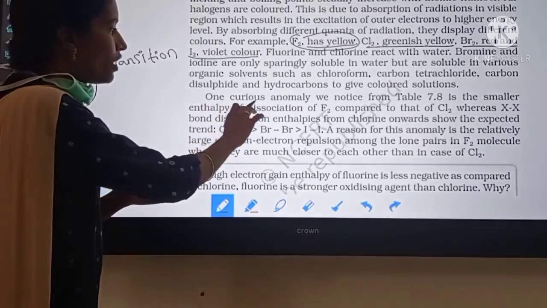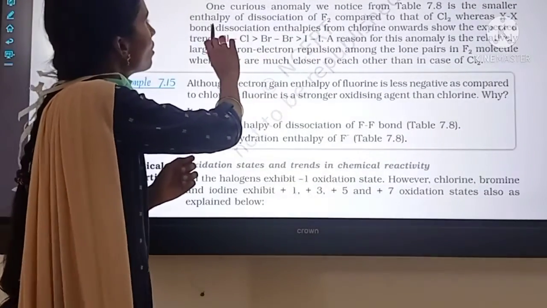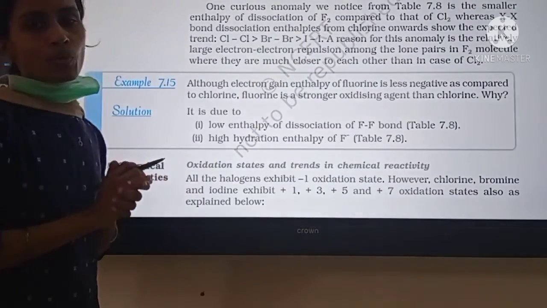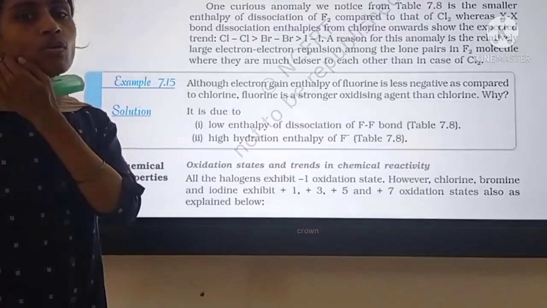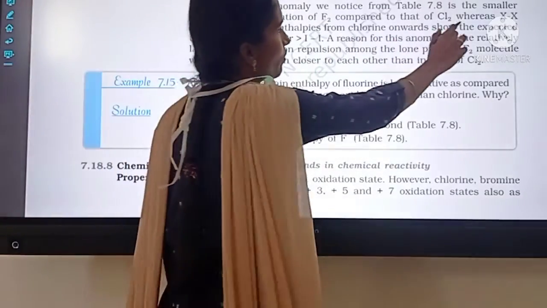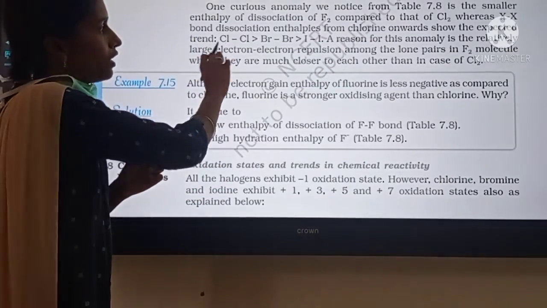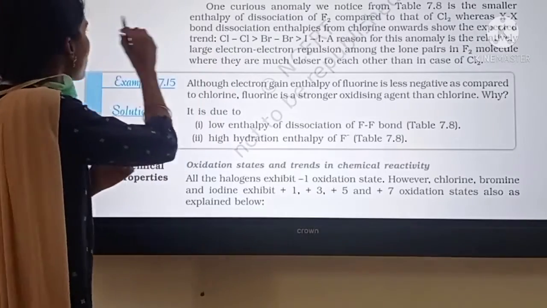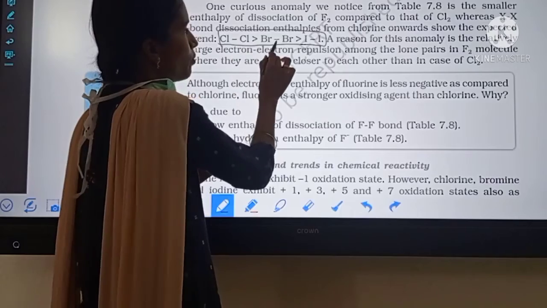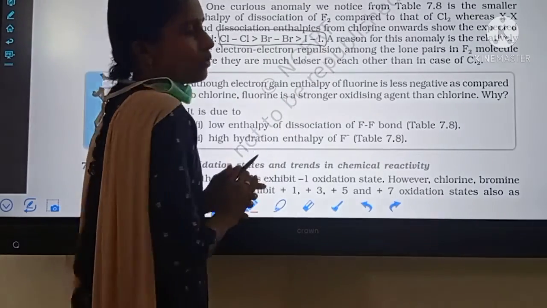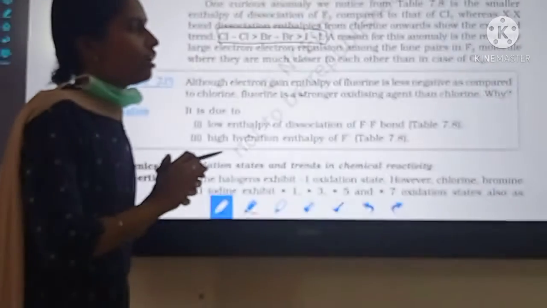Here, note the smaller bond dissociation enthalpy of fluorine. The bond dissociation enthalpy of fluorine is smaller compared to chlorine and bromine, whereas from chlorine onwards the trend is as expected. We have seen the order: chlorine has the highest bond dissociation enthalpy, then bromine, then fluorine, then iodine. The reason for this anomaly is the relatively large electron repulsions among the lone pairs of fluorine.